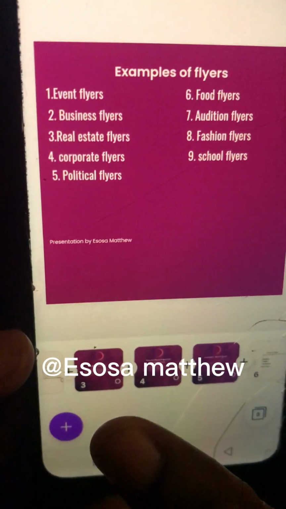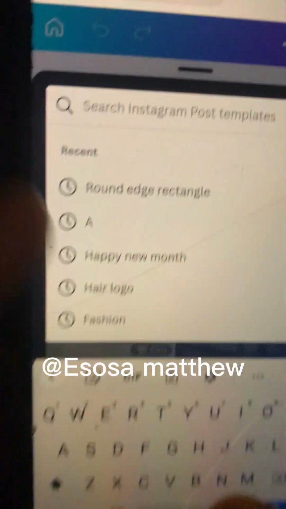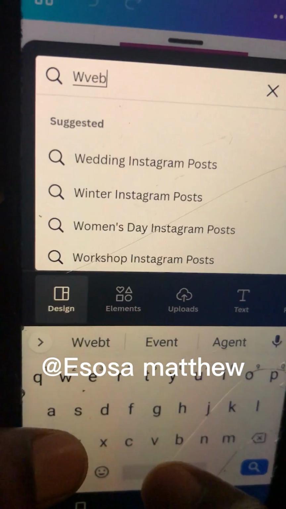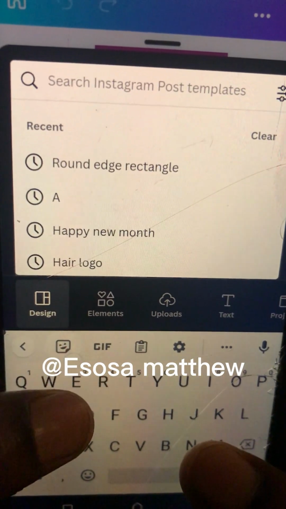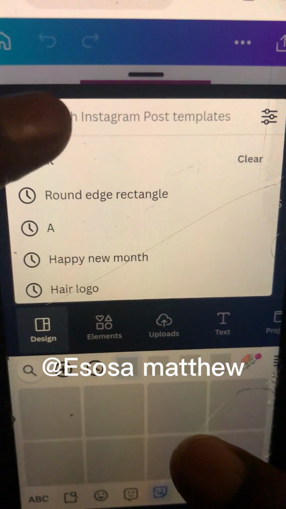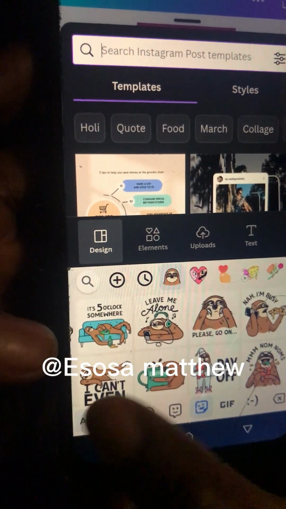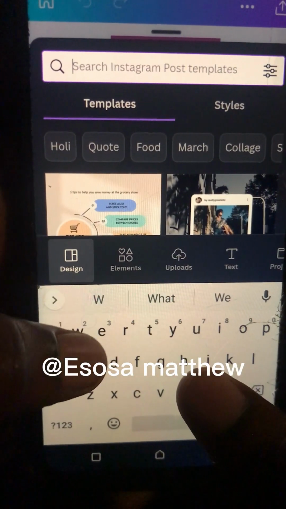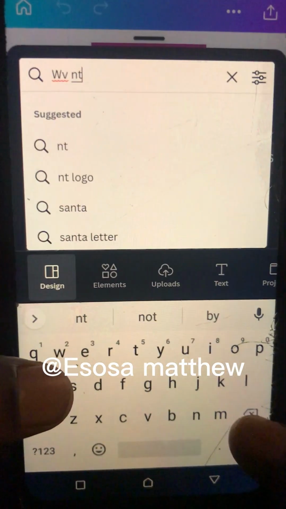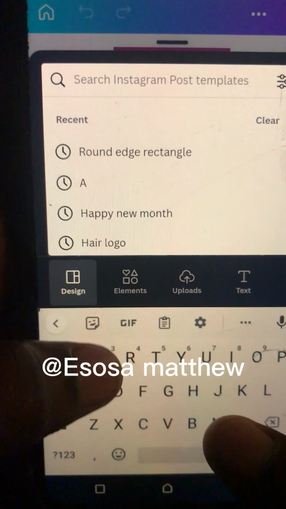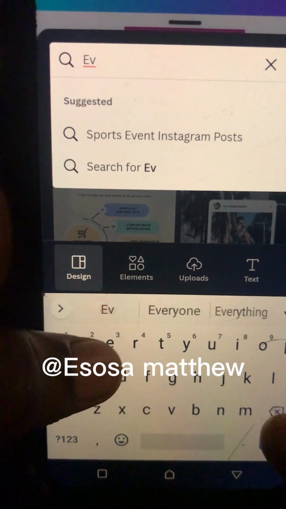All right, so let's come to our templates here and search for some event flyers.